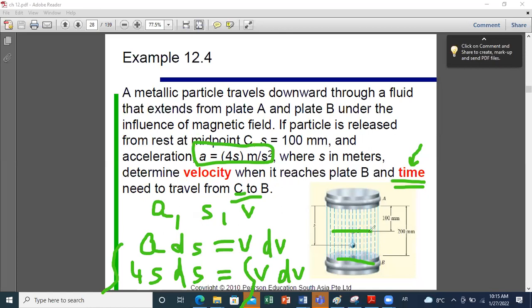You know the initial position, you know the final position. You will get now V, and you want after to relate with time.